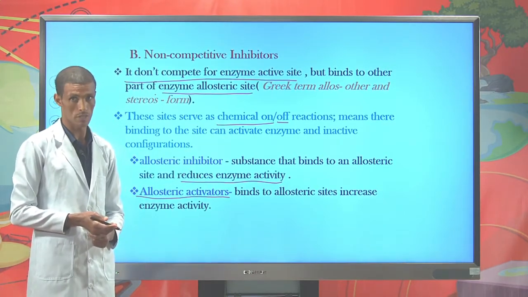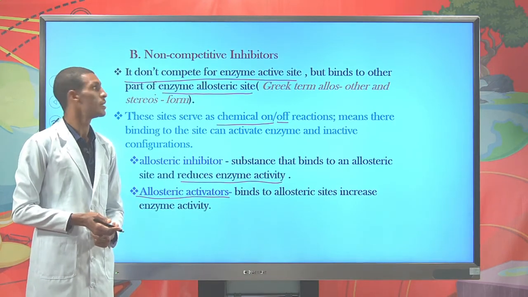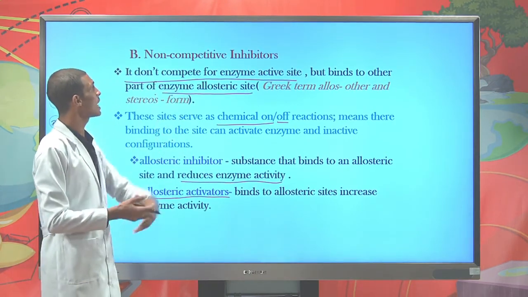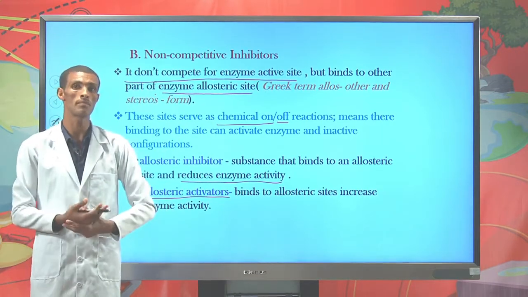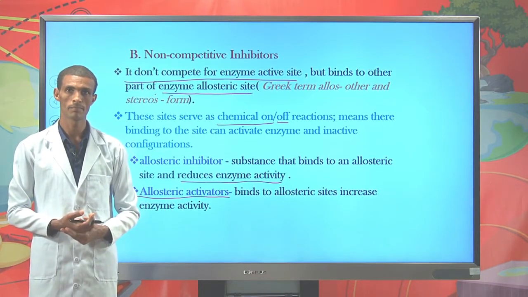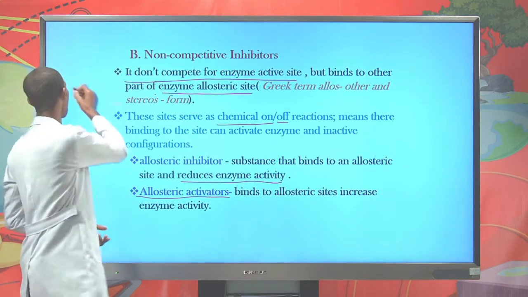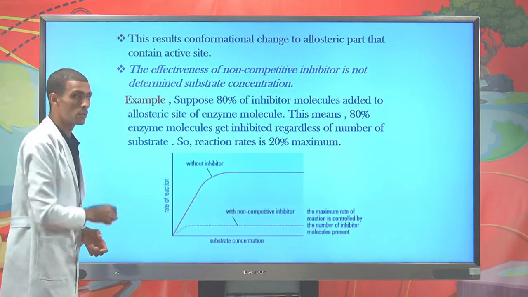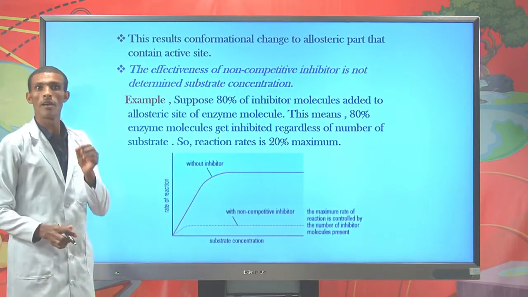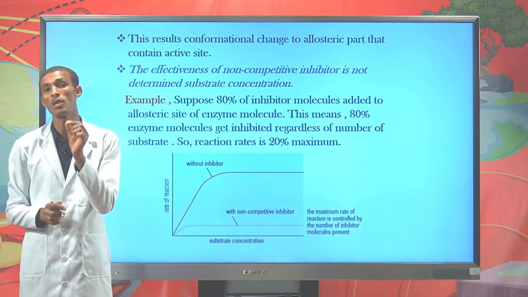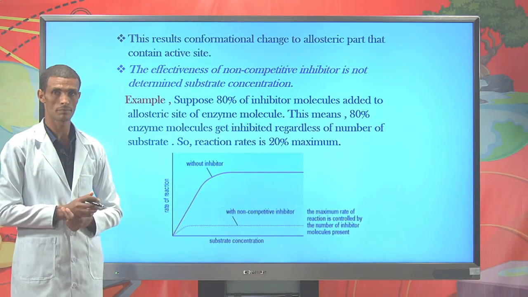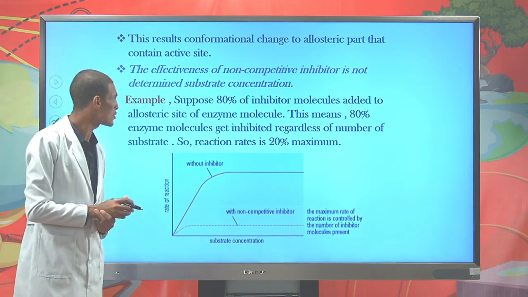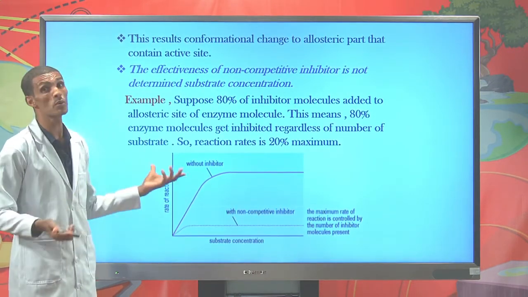Student, what do you think is the advantage of non-competitive inhibitor in the cell's metabolic system? Well then, this type of inhibitor we call non-competitive inhibitor is very important in regulating many metabolic pathways of a cell. Much of the metabolic pathway of the cell can be regulated by this action.